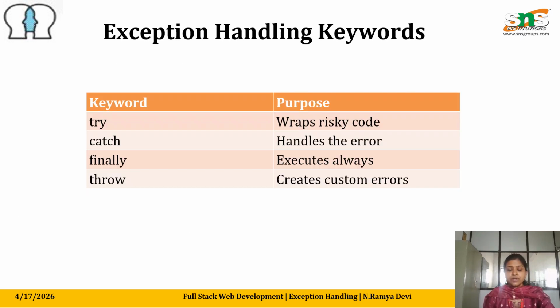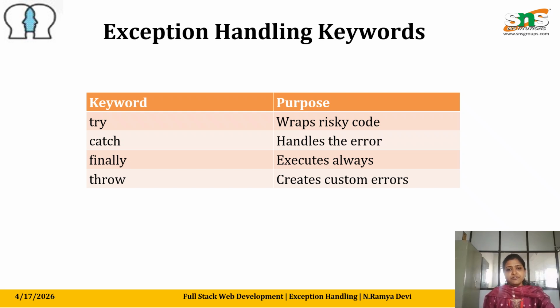And these are the keywords used for handling exceptions: try, catch, and finally block. Try: whenever we are expecting some error in a code, like a block of code that may contain a file which has to be opened or a database which has to be opened, or a division error, these types of code can be given inside your try block.